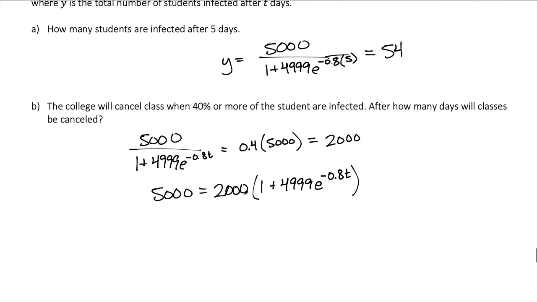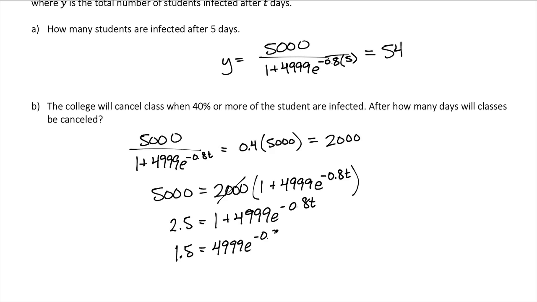I can divide both sides by 2,000, and I'll cancel here. 5,000 over 2,000 is 2.5. I can subtract 1 from both sides, and get 1.5 equals 4,999 e to the negative 0.8 t.